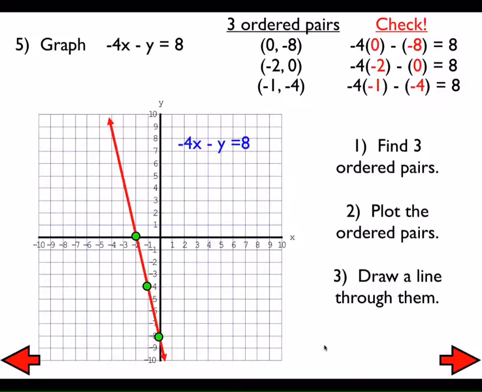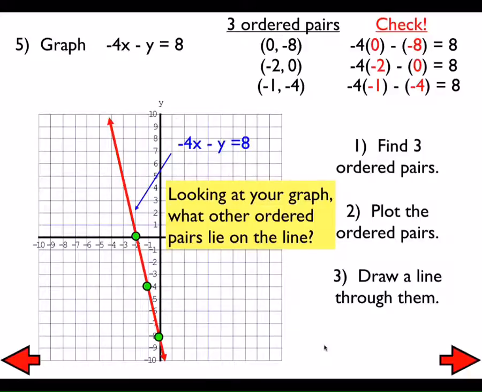Label it so we know what line you drew. And tell me what are some other ordered pairs that lie on this line. Negative 4, 9. Looks like that one would work. Let's test it with the math.